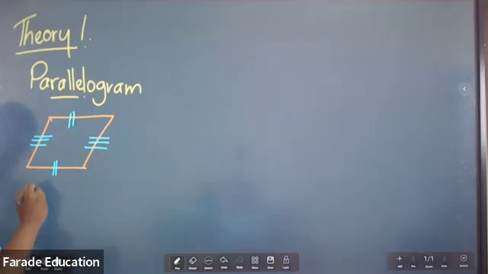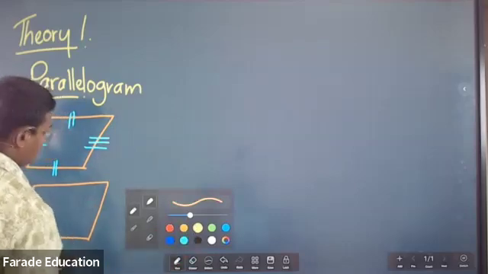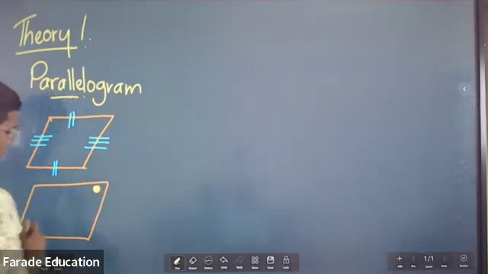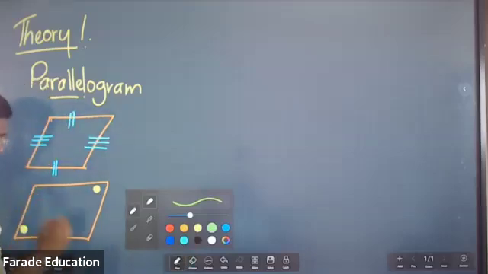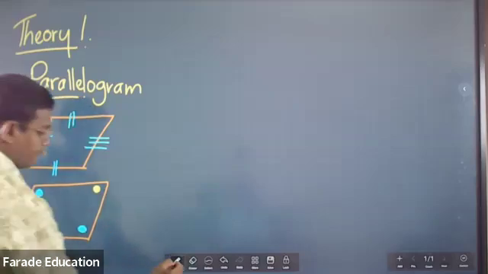The second one: whenever they say ABCD is a parallelogram, you need to understand the opposite angles are equal. Opposite sides are equal and the opposite angles are equal.